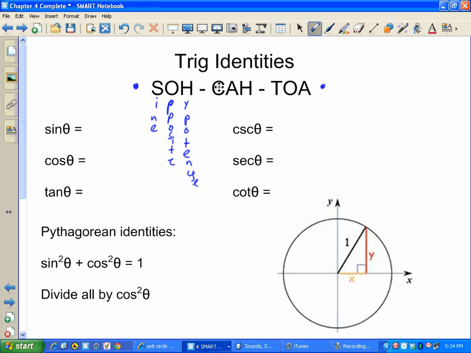Okay, the CAH, that's the cosine, and this equals the adjacent side over the hypotenuse. The tangent equals the opposite side over the adjacent side.